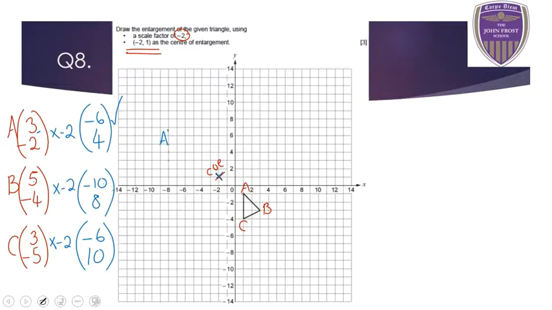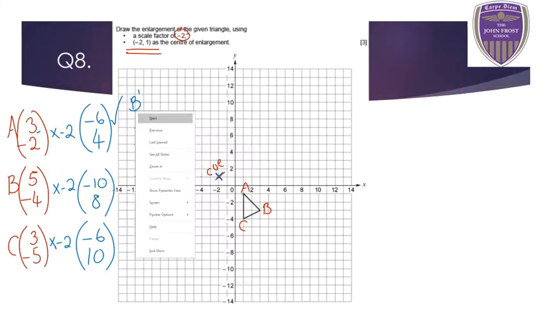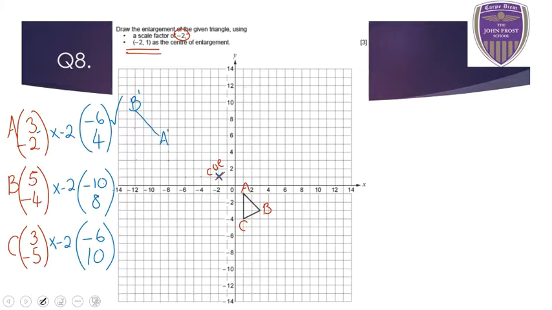So back to the centre of enlargement. 2, 4, 6, 8, 10, then 2, 4, 6, 8. That's going to be my B dashed. And if you want to, you can join those up. You get the idea.